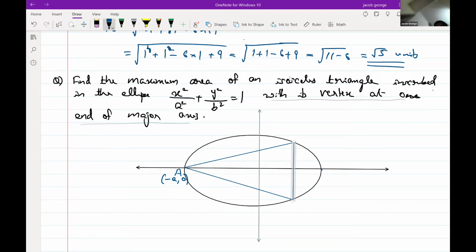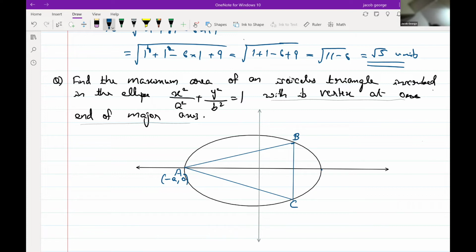So this is the isosceles triangle. So let's name the isosceles triangle ABC. So ABC is the isosceles triangle.